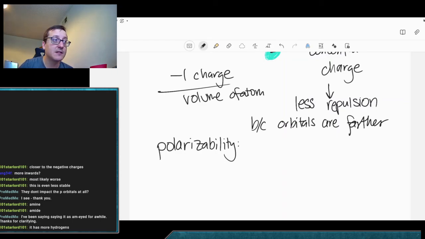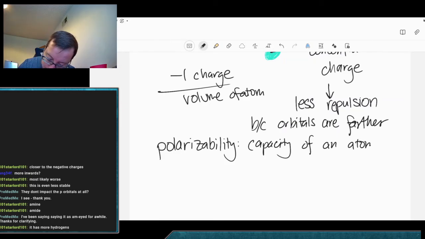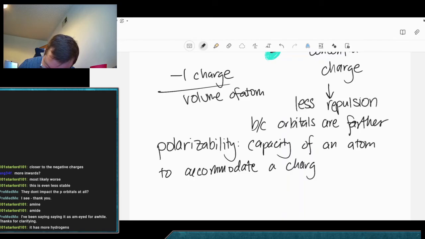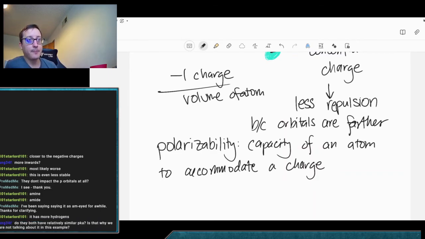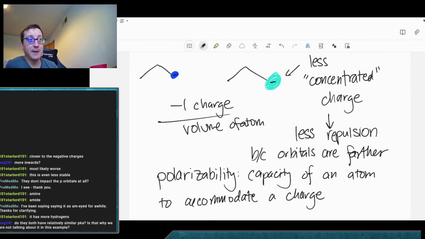And so this essentially means the capacity of an atom to accommodate a charge. So, sulfur being bigger is able to accommodate that extra one.